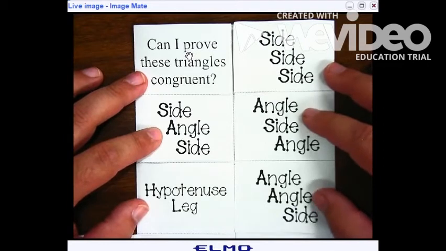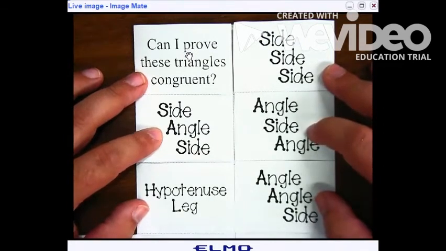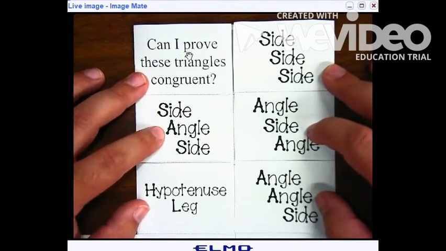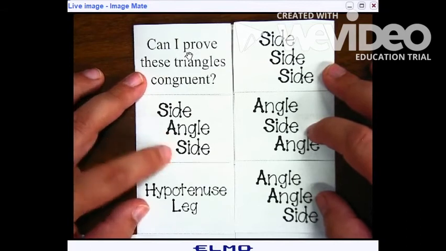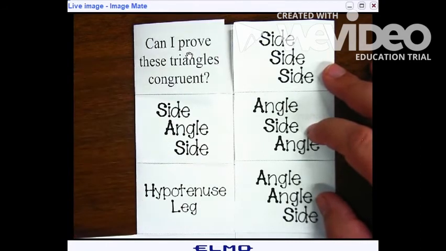So basically, as long as you have at least 2 angles and a side, you're good. But if you only have 1 angle, then it depends on where it is. If you've only got 1 angle, that angle had better be in between the 2 sides that you know are already congruent. Unless it's a right angle, in which case, if you have the hypotenuse and one of the legs congruent, then it works.